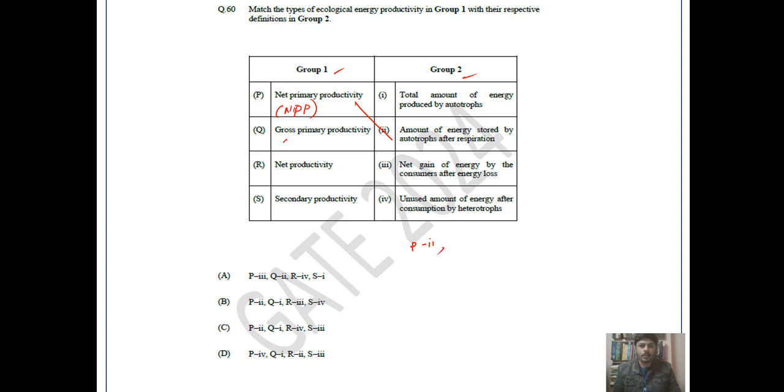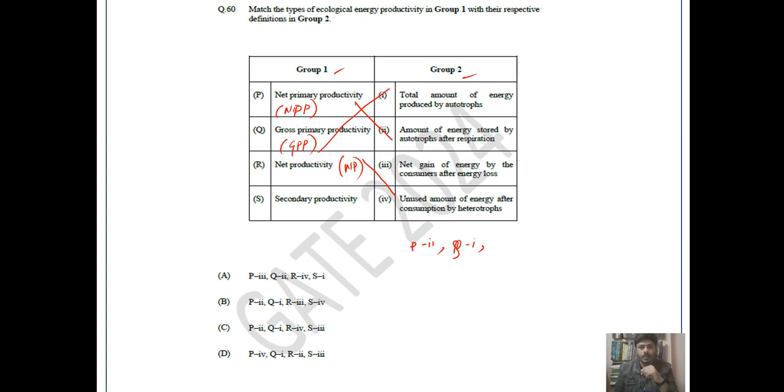Then gross primary productivity, or GPP, is defined as the total amount of energy produced by the autotroph. Q matches with 1. And if we see net productivity, it can be defined as the unused amount of energy after consumption by the heterotroph.